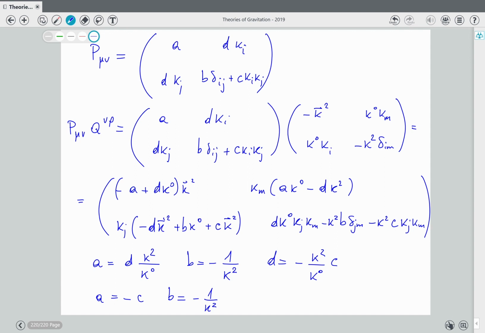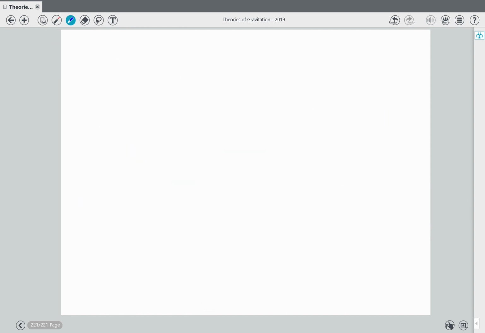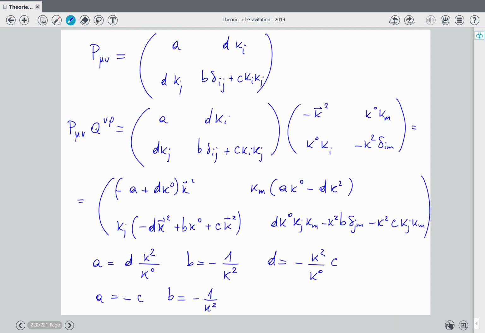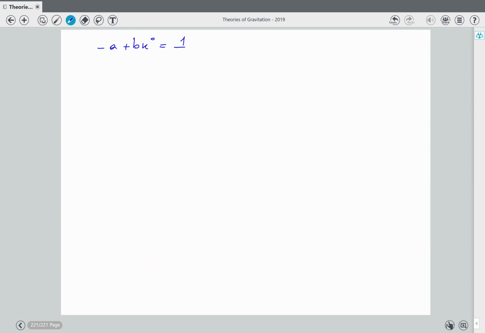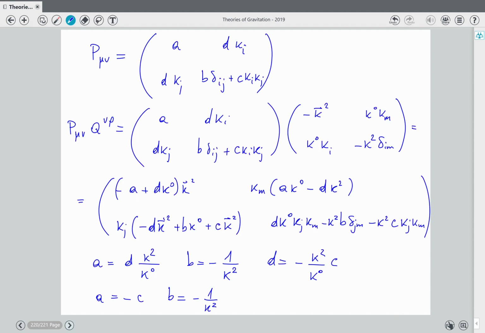Okay, and what about the first thing there? Minus a plus dk0. Minus a plus dk0. That should be equal to what? This should be equal to 1 over k squared minus 1 plus dk0, sorry.